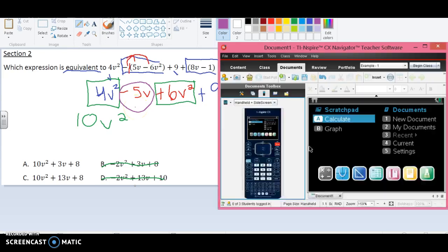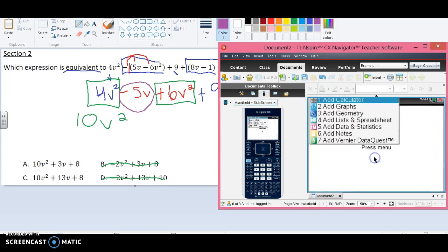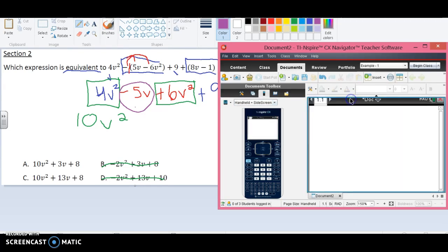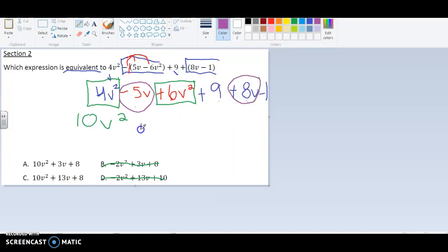I'm going to check that in my calculator. So negative 5 plus 8 is equal to 3. So that's going to be plus 3b.